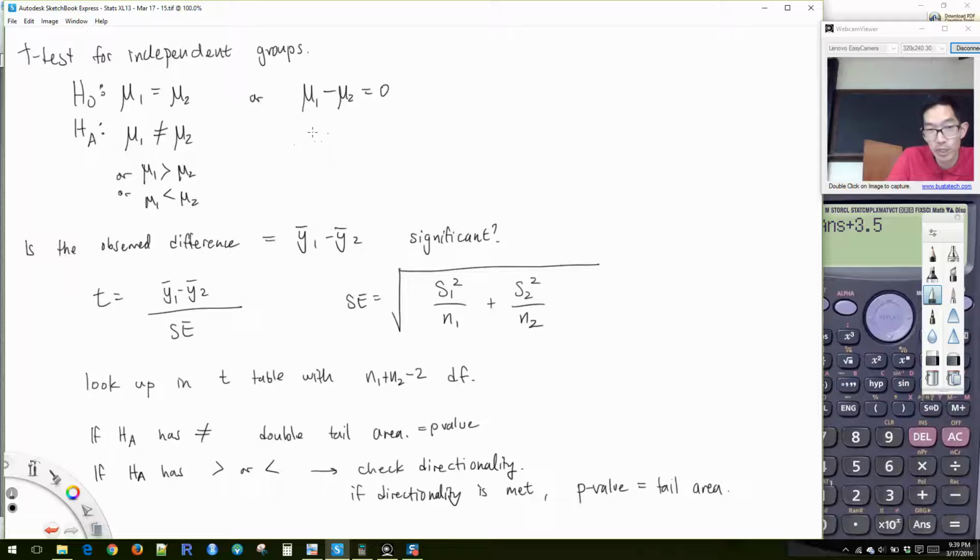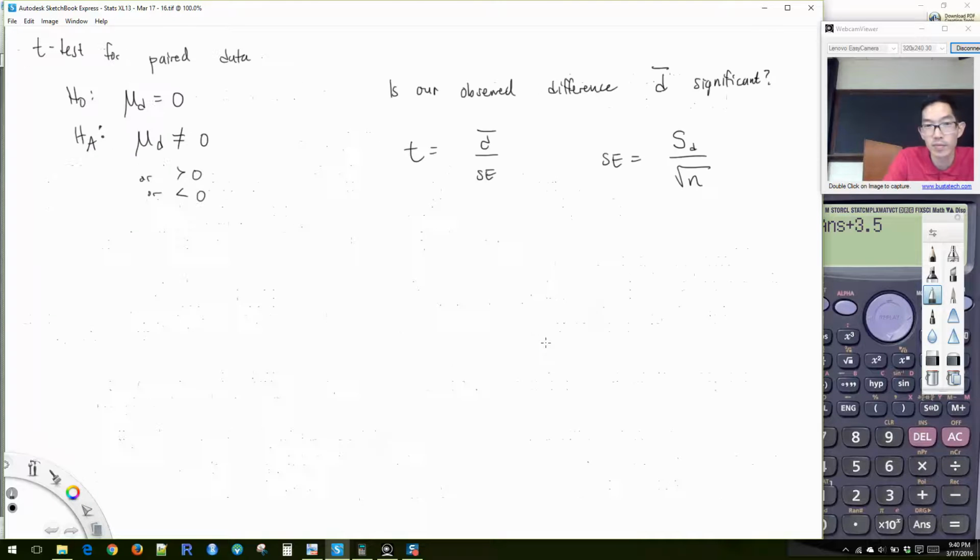Or, if you write it this way, mu1 minus mu2 not equal to 0, greater than 0, or less than 0.